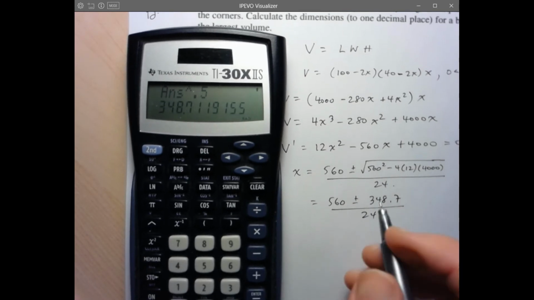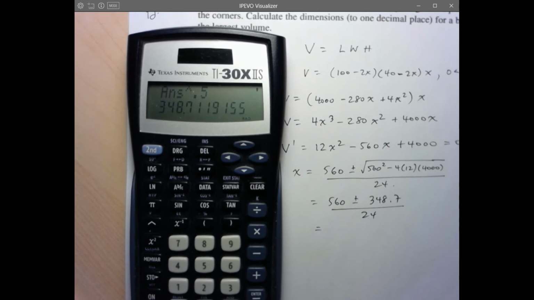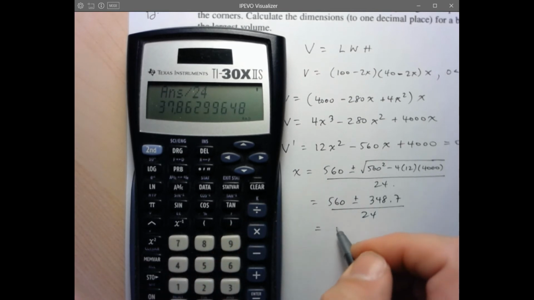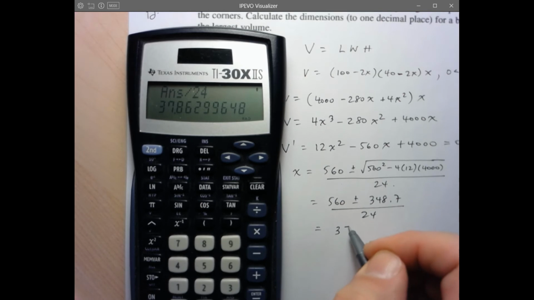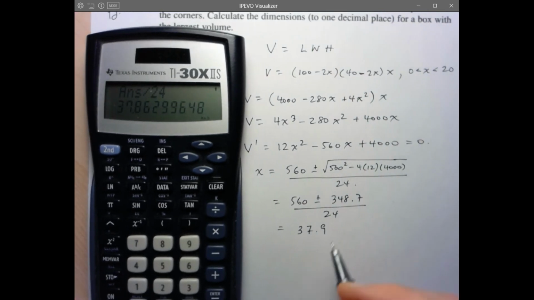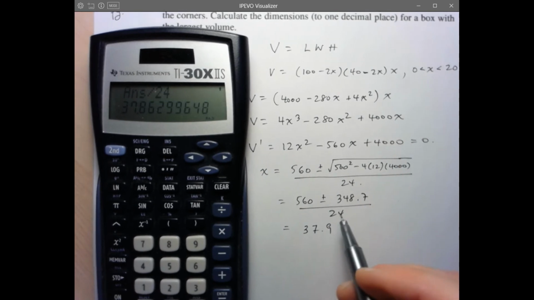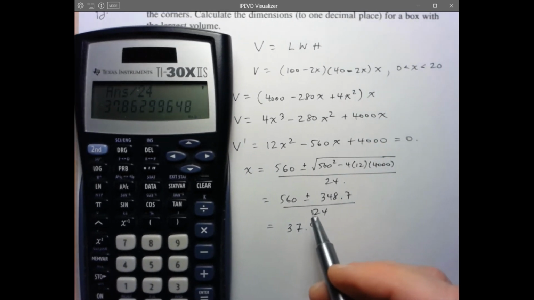All right, so let's calculate those. Let's do plus: 560 plus 348.7, divided by 24, and we see 37.8 or 37.9, but it doesn't really matter because I notice that that's not in my domain. So I'm not even going to be considering that possibility.